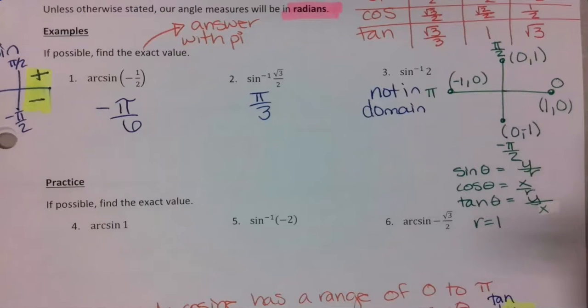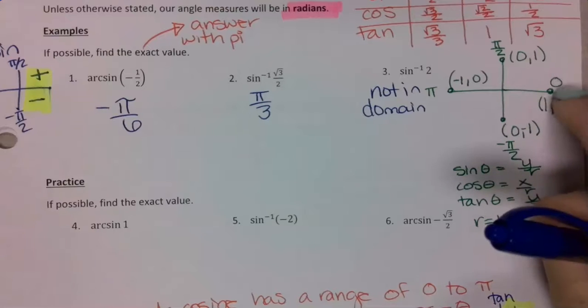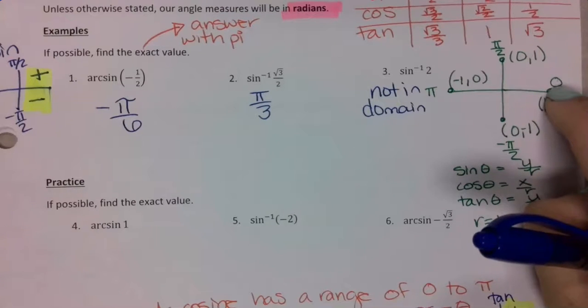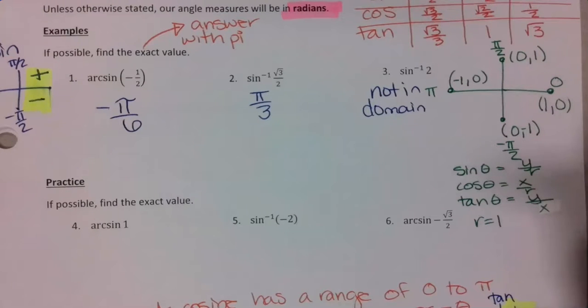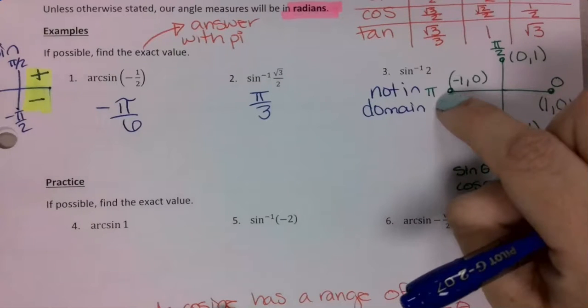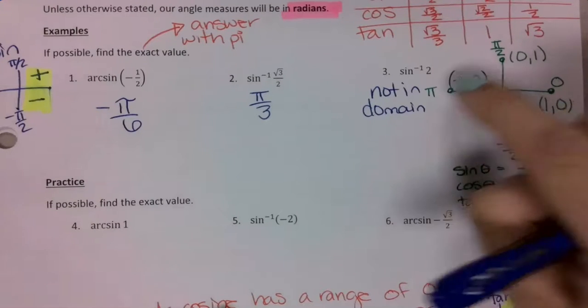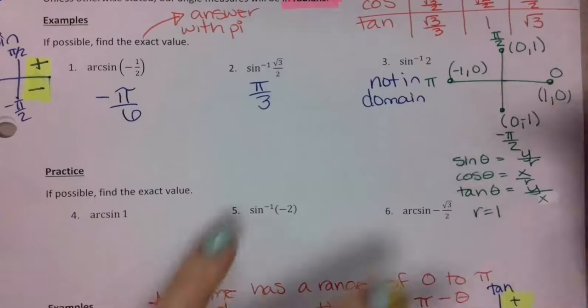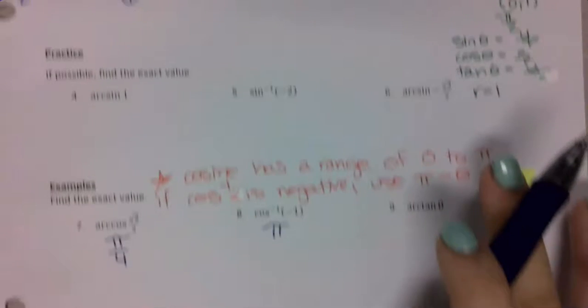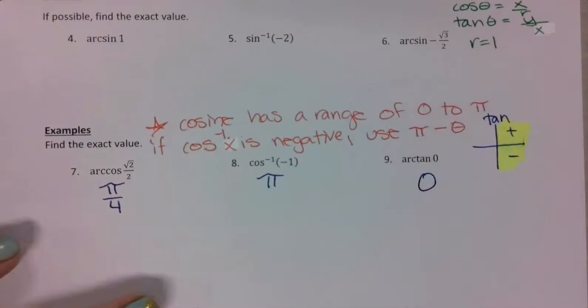Not negative pi halves. Not pi halves either. It's 0. Oh, so there's 2 zeros. How do you decide what is 0? Because this one's not in tangent's range. Because tangent's between negative pi halves and pi halves. Oh, yeah. Okay, questions here.